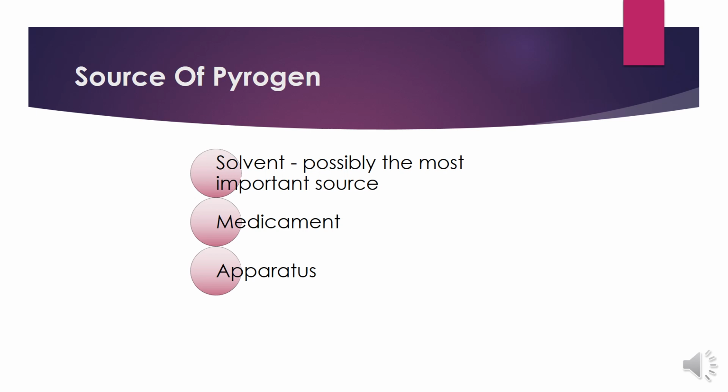All these things can become one of the sources of pyrogen if they are also not treated properly, not sterilized properly and depyrogenated properly. Still, these appliances are also an important source of pyrogen in parenteral preparations.